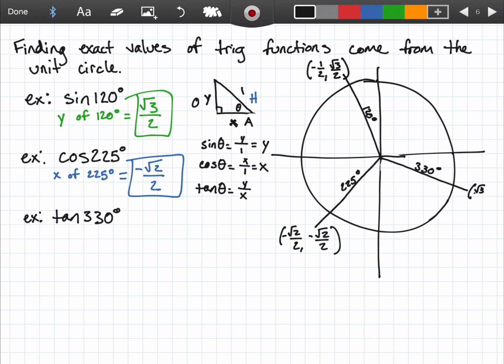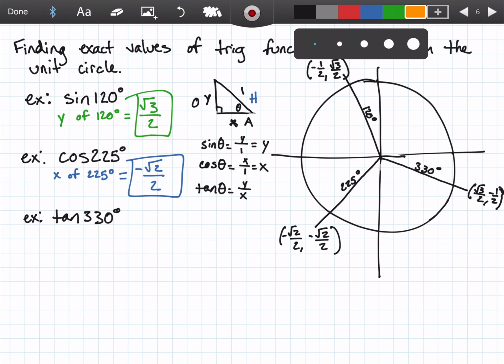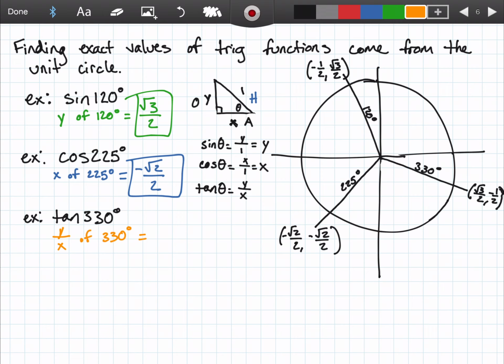This is root 3 over 2, negative 1/2. Oops, sorry. Well, tangent is y divided by x, so tangent means y over x of that coordinate. So negative 1/2 divided by root 3 over 2.